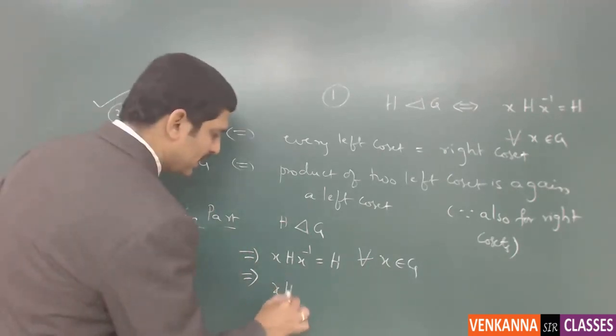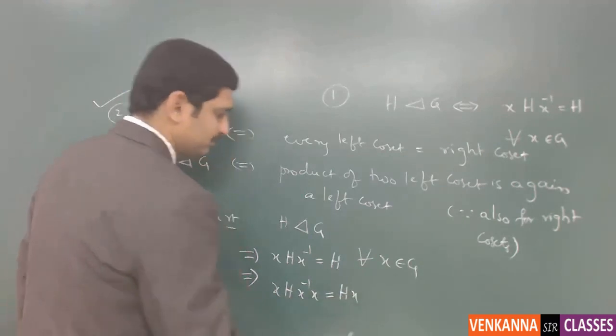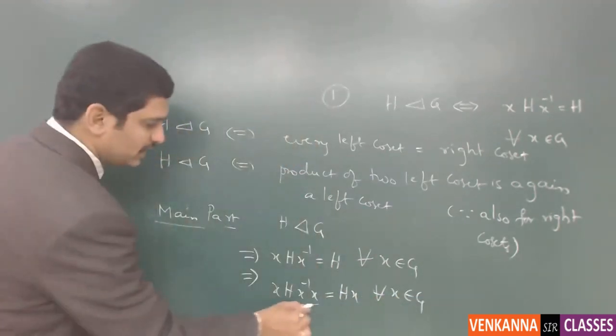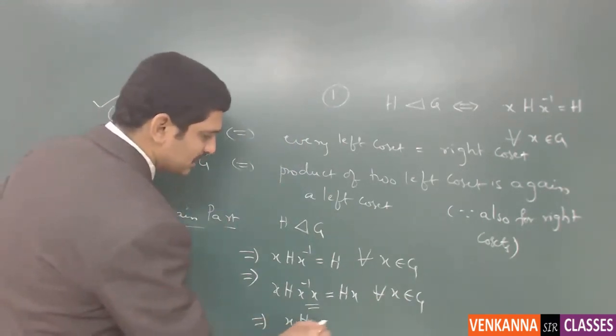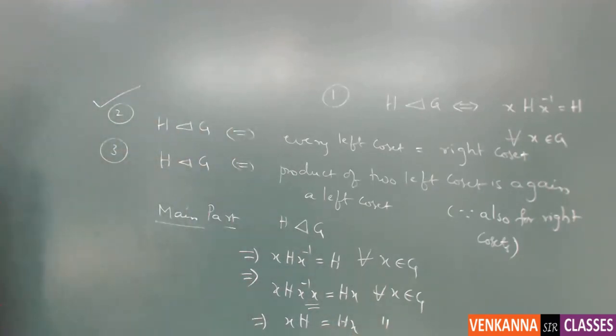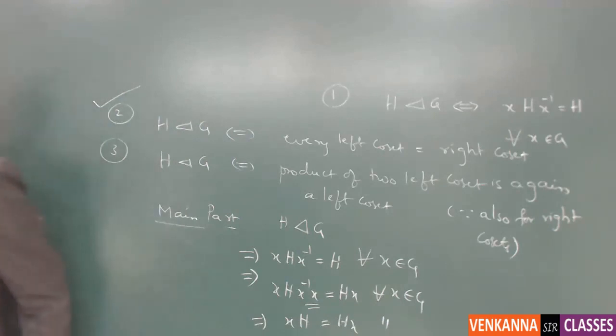So x H x inverse x equals H x. This part is nothing but identity, so this implies xH is equal to Hx. So every left coset is equal to the right coset. Is it clear?